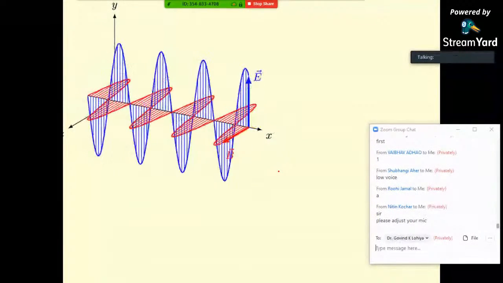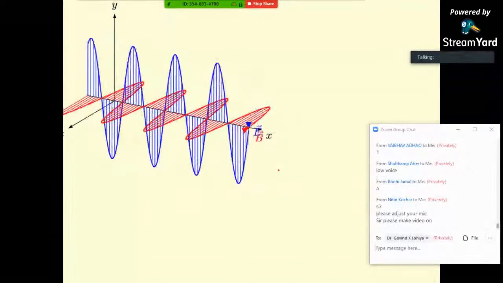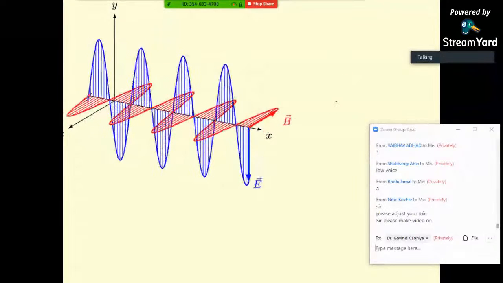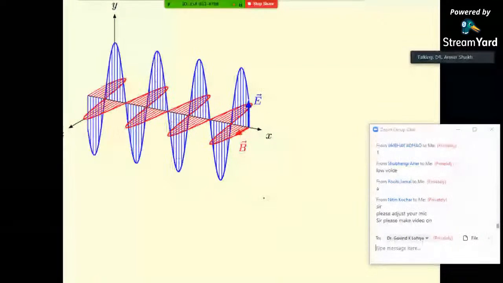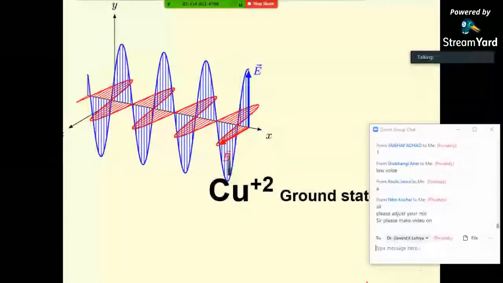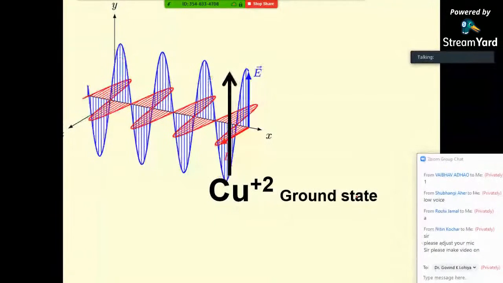So here, how is the energy absorbed by the particles? Here you can consider a copper ion at the ground state.